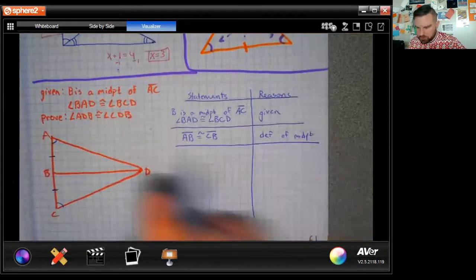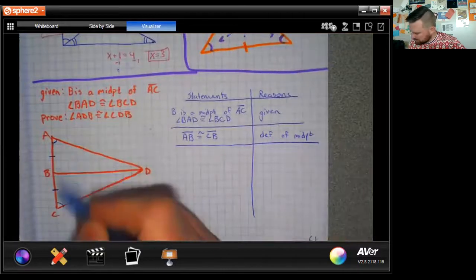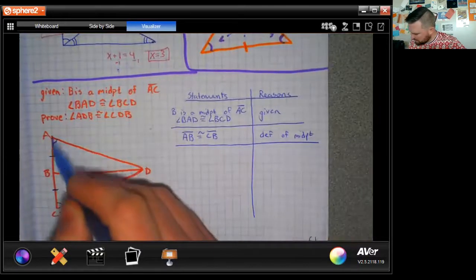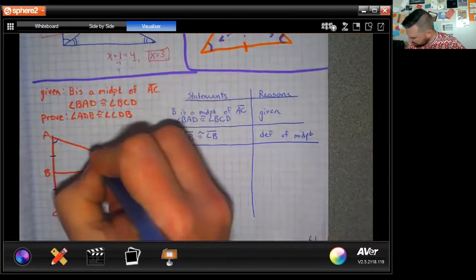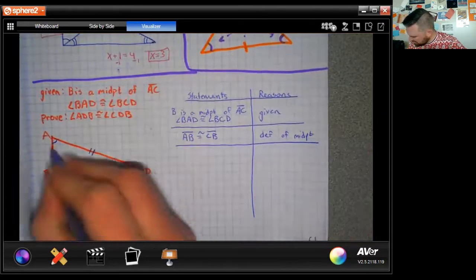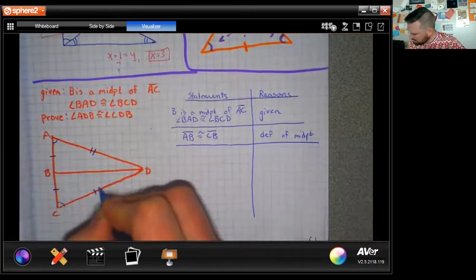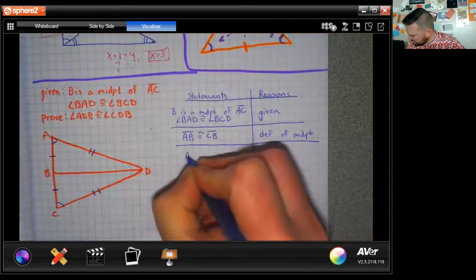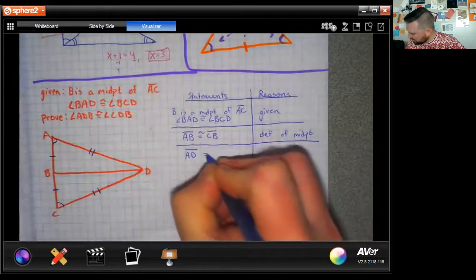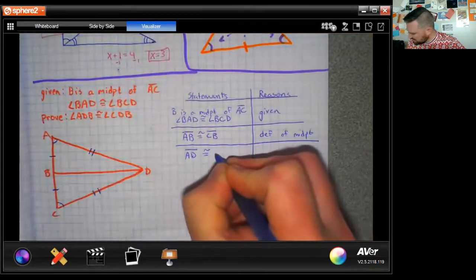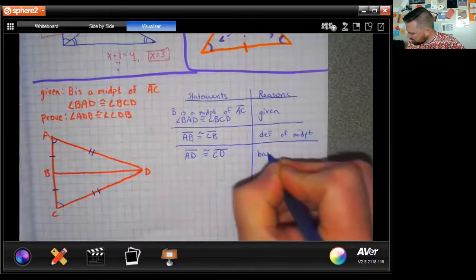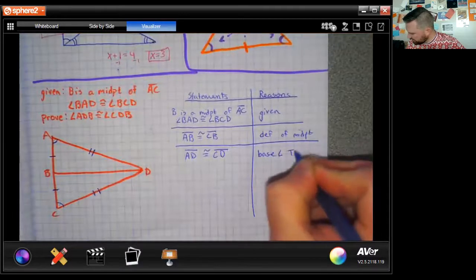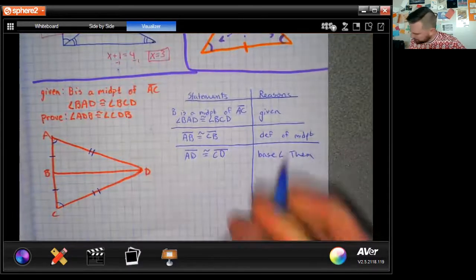So what we're going to do is, we know that these two angles are the same, and I have this big triangle ACD. So the sides opposite of those angles must also be the same. So this side is opposite and this side is opposite. So those sides must be the same. So AD has to be congruent to CD, and that was the base angle theorem that we just talked about.